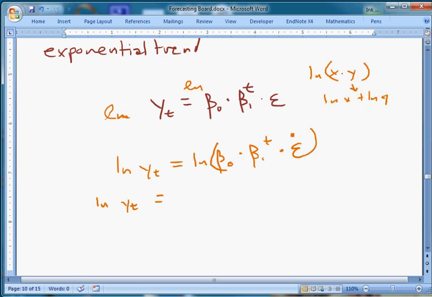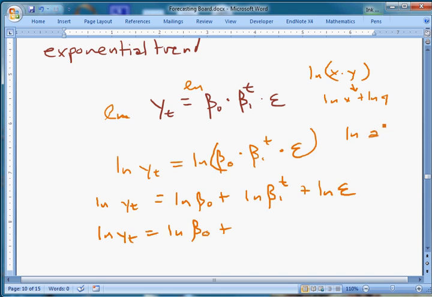That's just a rule of what you can do with logs. So we can break this up into log of beta 0 plus log of beta 1 to the t plus log of epsilon. Or we can break it down a little bit further, because if you have log of a to the b, that's the same as b times log of a. So we have t times log of beta 1.